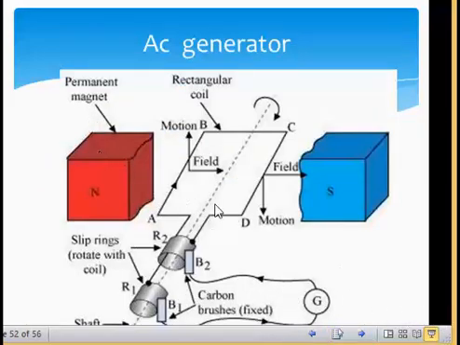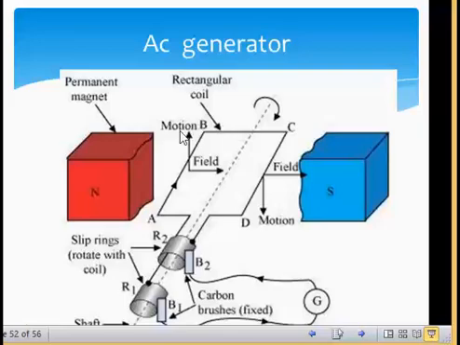This is the rectangular coil placed between two magnets, north and south. This coil of wire is meant to rotate in this magnetic field. As it rotates, it will generate electricity. The coil generates electricity due to its change, its rotation.